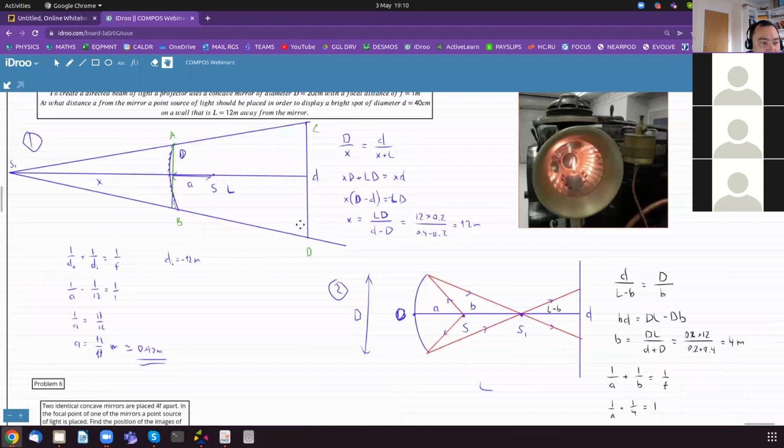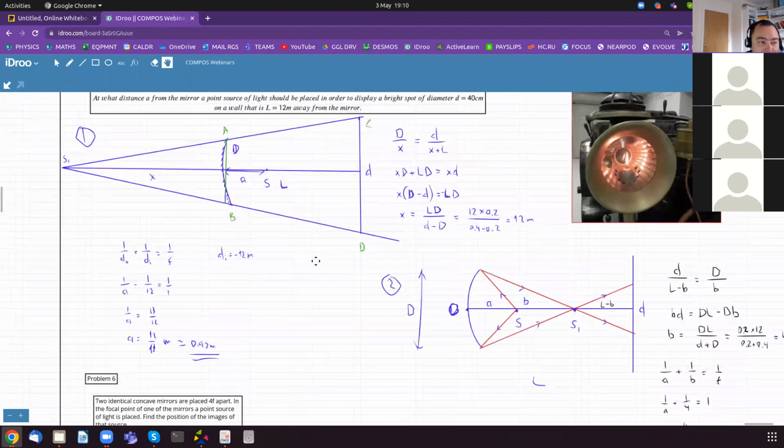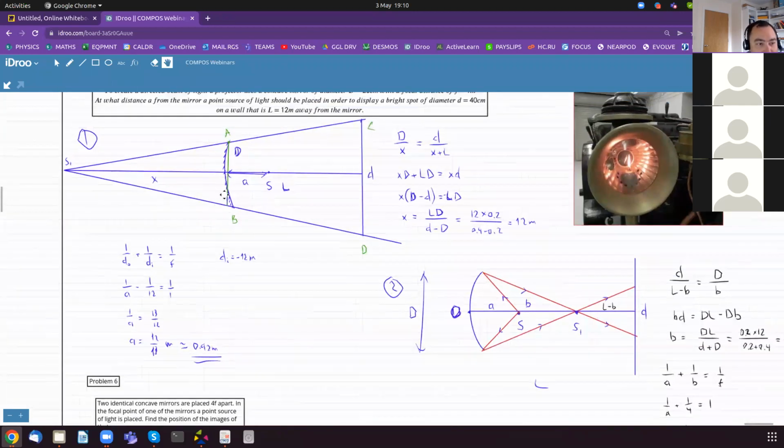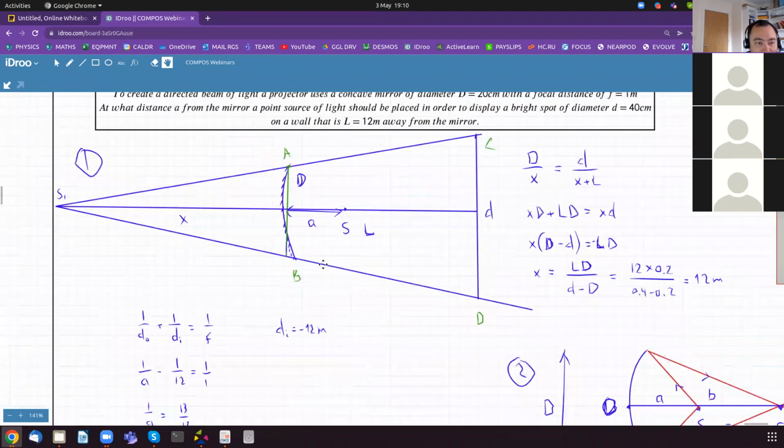Okay, so yes, the first option is wrong. Sorry about that. The spot of light is actually smaller than the mirror itself.